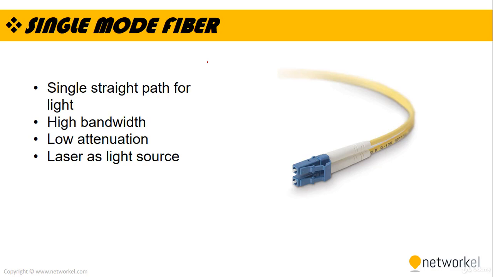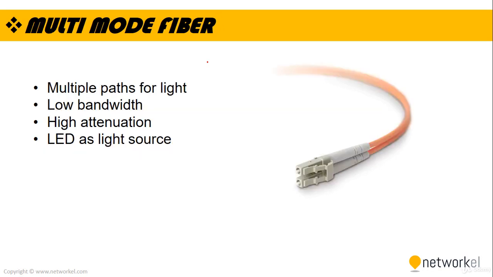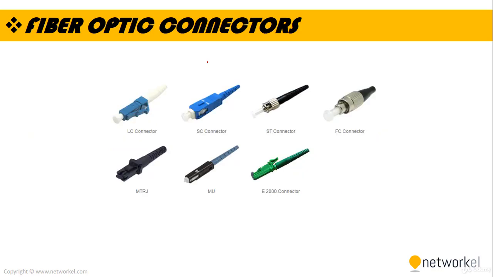Single mode fiber networks often use wave division multiplexing techniques to increase the amount of data traffic that can be sent across the strand. As I told you, multi-mode fibers use LED as light source and provide multiple paths for light. If we compare with the single mode, they provide lower bandwidth and higher attenuation.